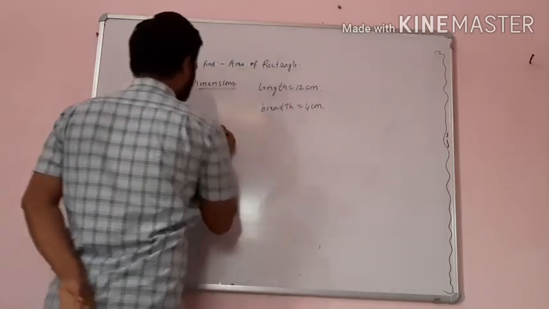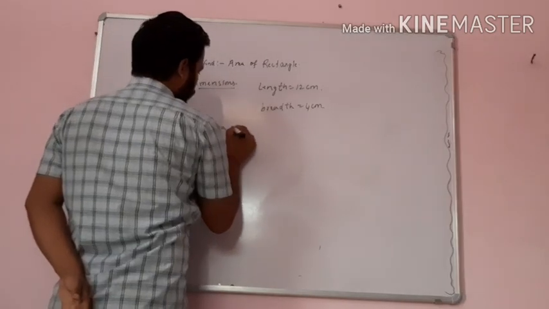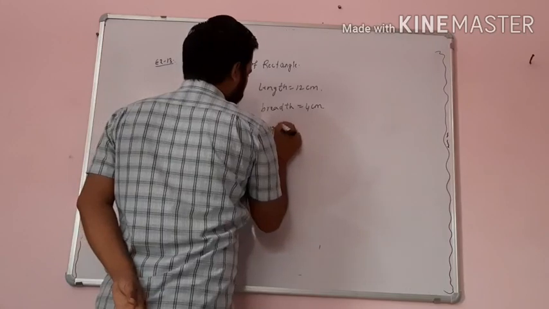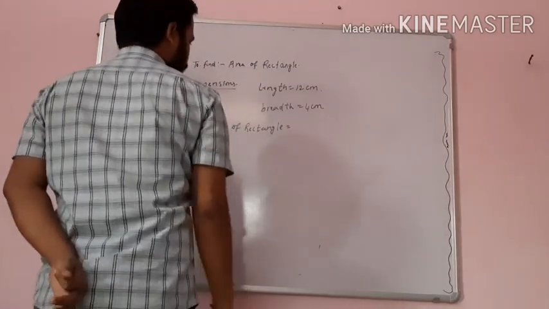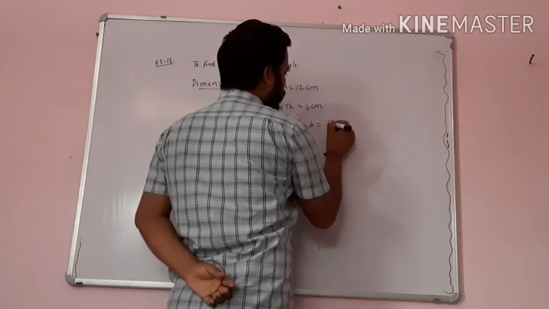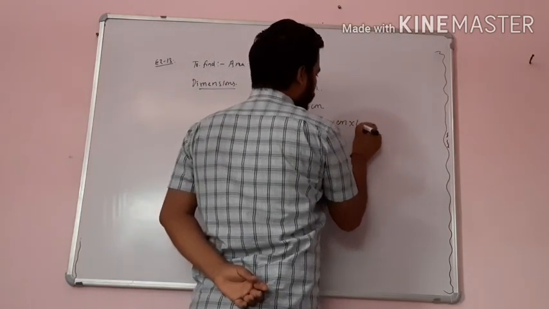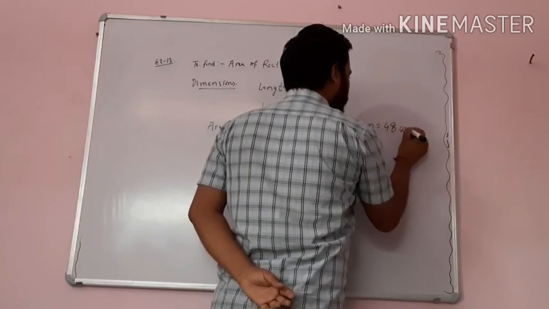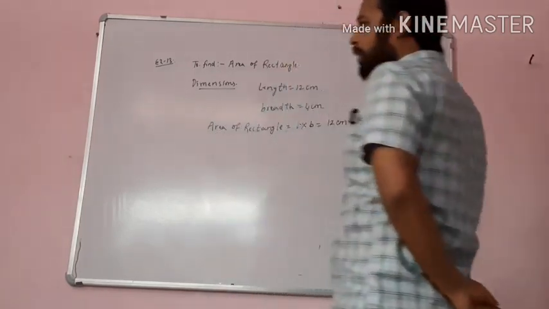So area of rectangle will be L into B, that is 12 cm multiplied by 4 cm, that will be 48 cm square, not centimeter.